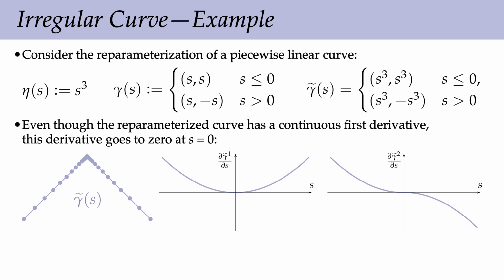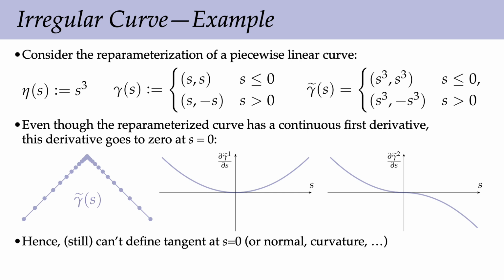No trouble. Well, the problem is, even though I know what the derivative is, it happens to be 0. It's (0, 0). So because the curve is not changing at all at this point, really we've slowed down to 0 when we hit that sharp corner, we still can't define what the tangent would be there.